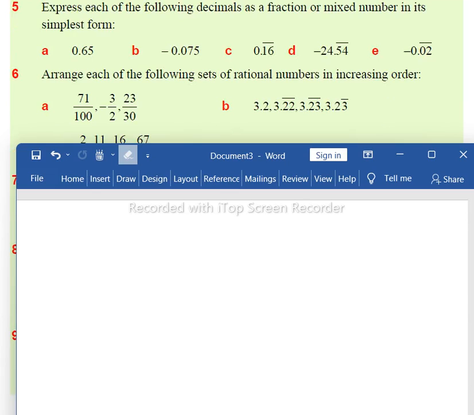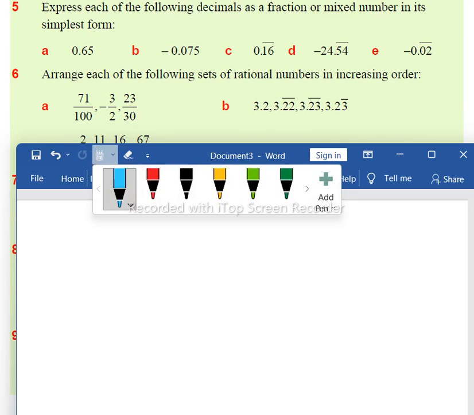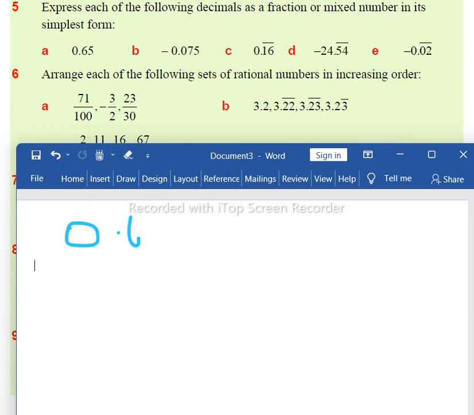Let us do A. The first question A is 0.65. This is very simple. 65 over, here we try to change to a fraction.